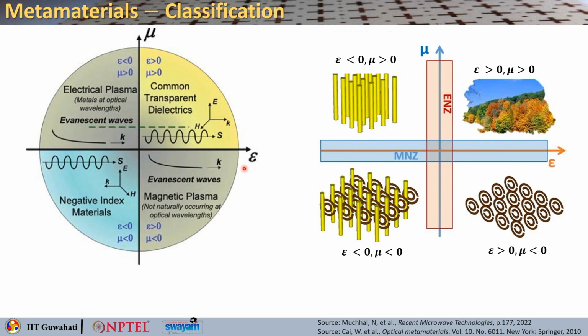This classification is done by two important properties of a material, which are the permittivity epsilon and permeability mu. These are the properties of every material. Epsilon basically measures the opposition offered against formation of an electric field.